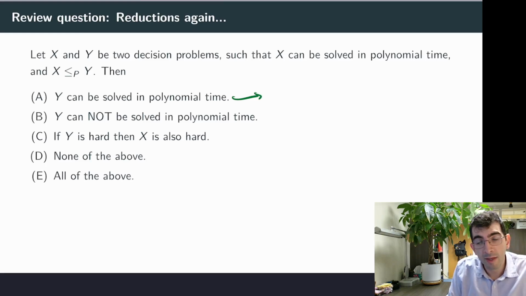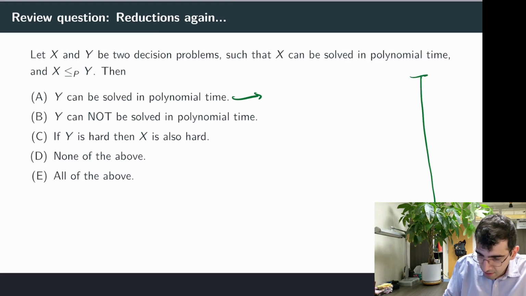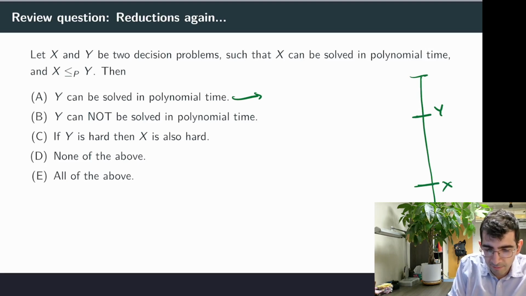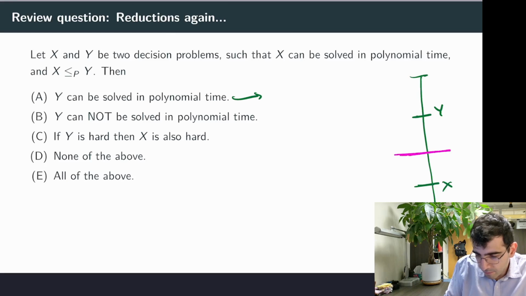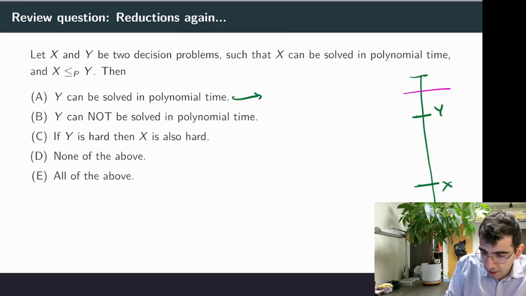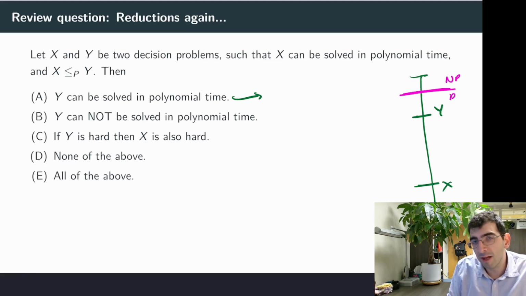Maybe y could be solved in polynomial time, but remember our reduction. This is our scale of hardness. X is a lower bound, y is the upper bound. Let's say the boundary for NP is here. Just because x could be solved in polynomial time, could y be solved in polynomial time?